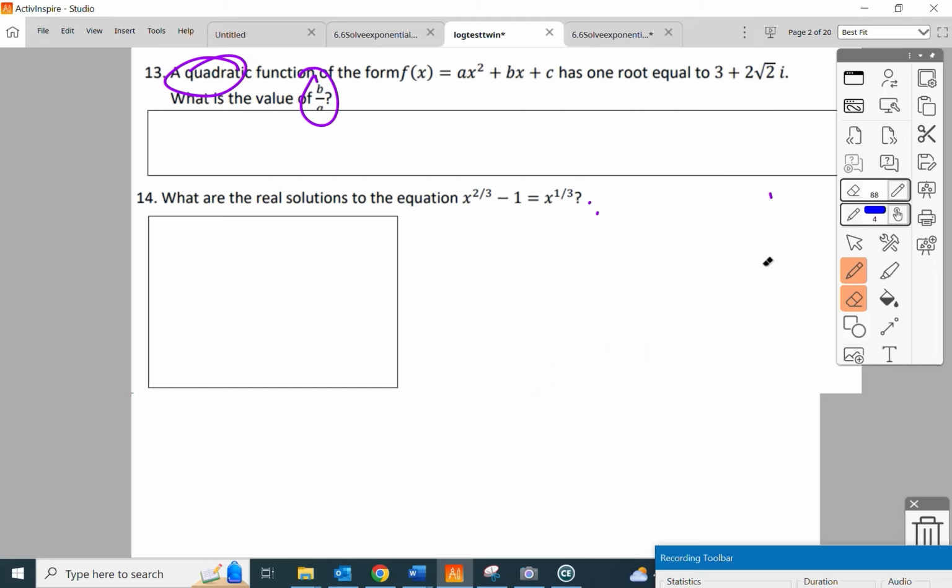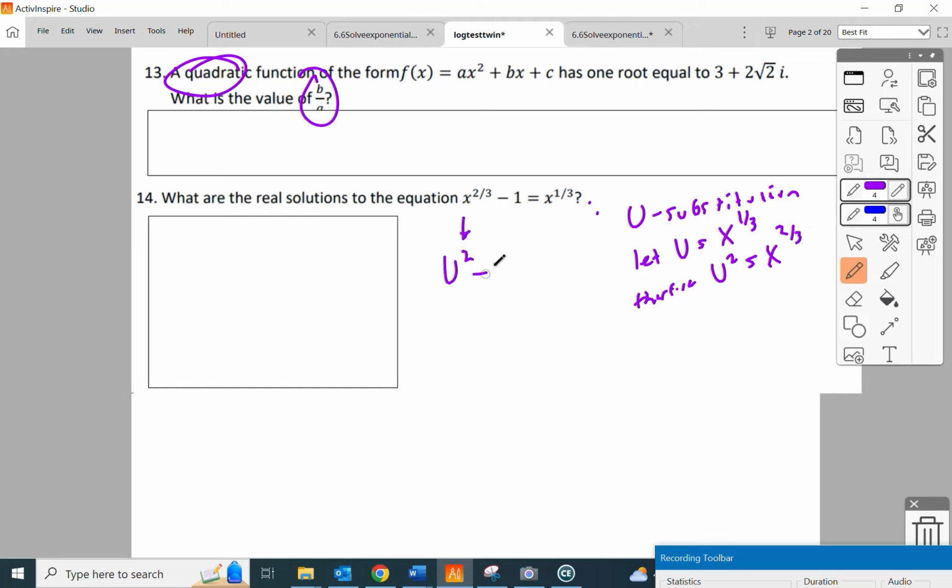All right, what are the real solutions to x to the 2/3 minus 1 equals x to the 1/3? We're going to use a technique called U substitution. I'm going to let u equal x to the 1/3. Therefore, u squared would be x to the 2/3. So this becomes u squared minus 1, and that becomes u.